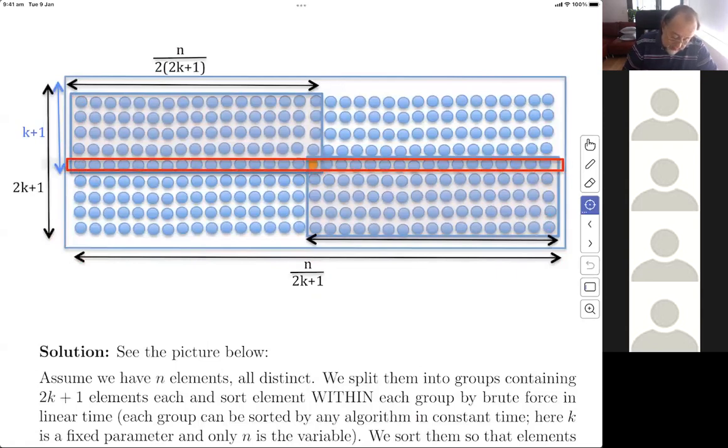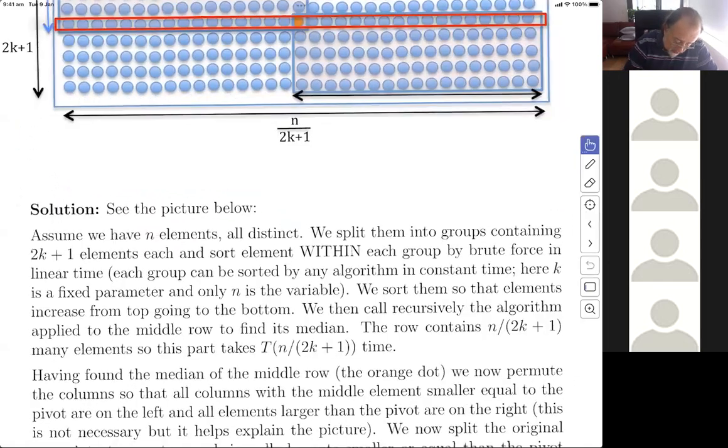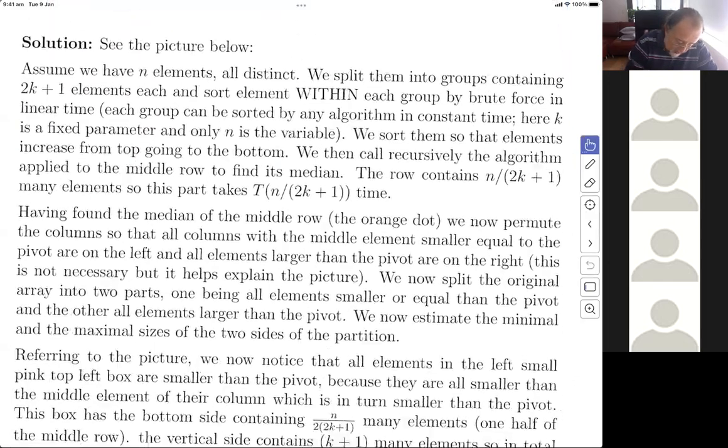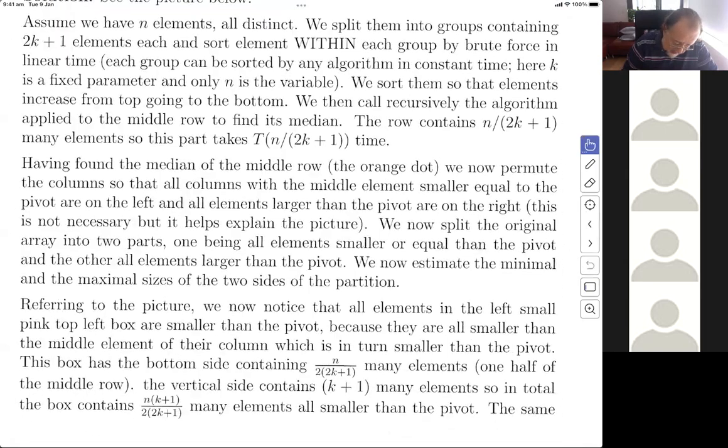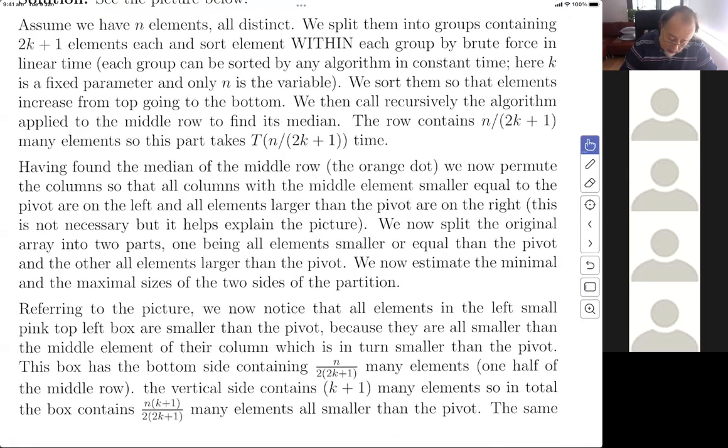The middle row has n divided by 2k plus 1 many elements. So to find the median, it will cost you T of n divided by 2k plus 1 many elements, right? So this is the cost of finding the median.